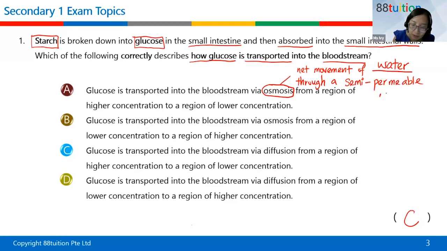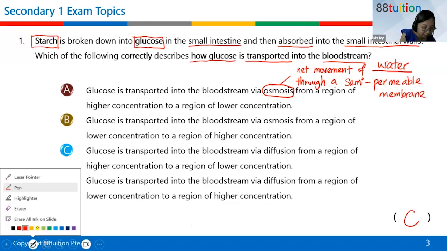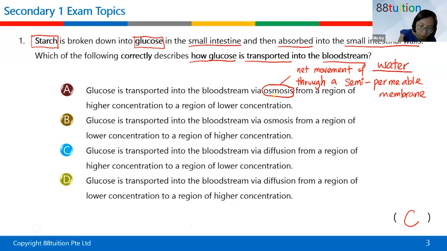All right, semi-permeable membrane. So osmosis must talk about movement of water. So let me write here, highlight for you. The word osmosis is reserved for water. Water is moving, not solute is moving. All right, osmosis is water moving and must have a semi-permeable membrane. That means the water passes through the semi-permeable membrane.